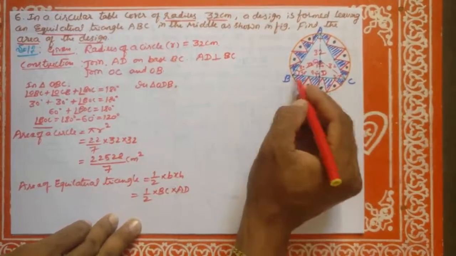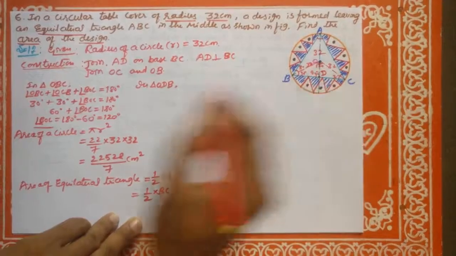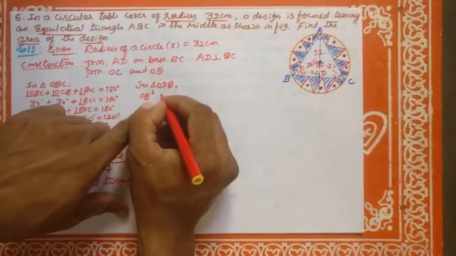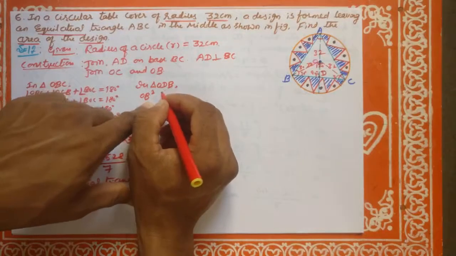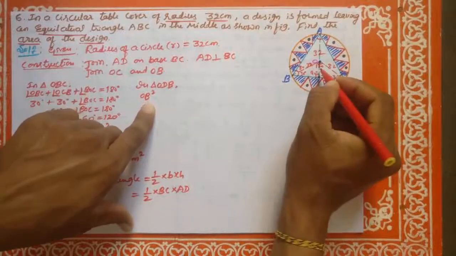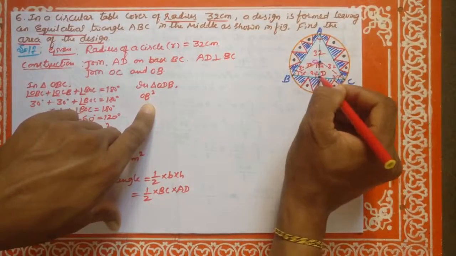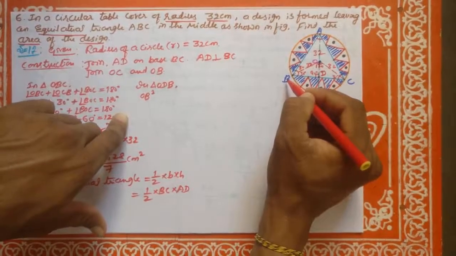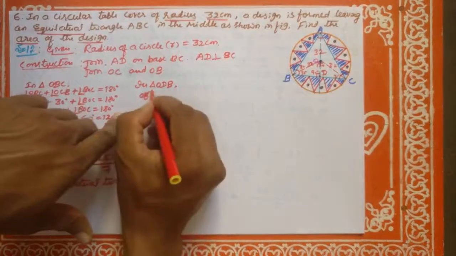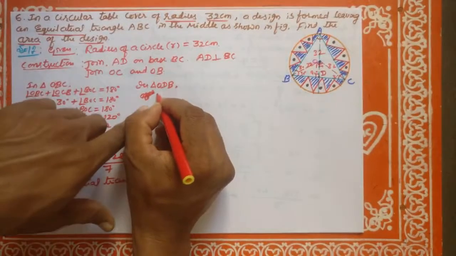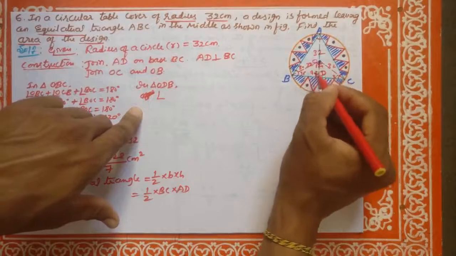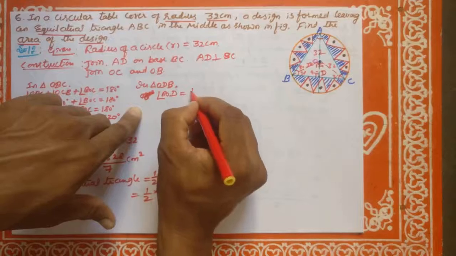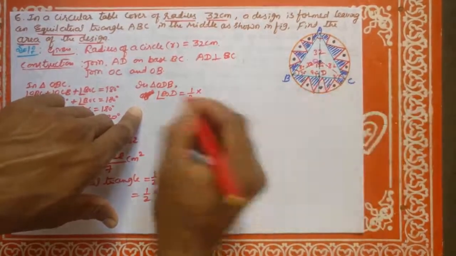Therefore here OB square is equal to, don't use the Pythagoras rule, just I will prove that angle BOD is equal to, in triangle ODB, angle BOD is equal to half of angle BOC.